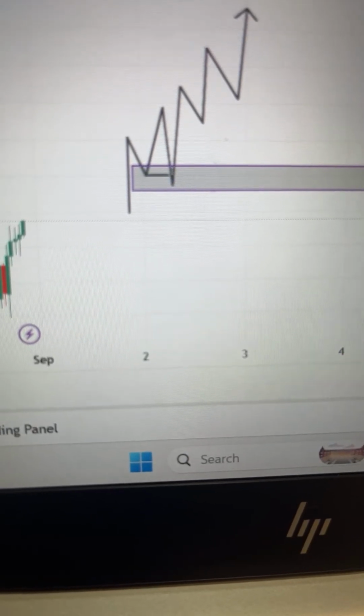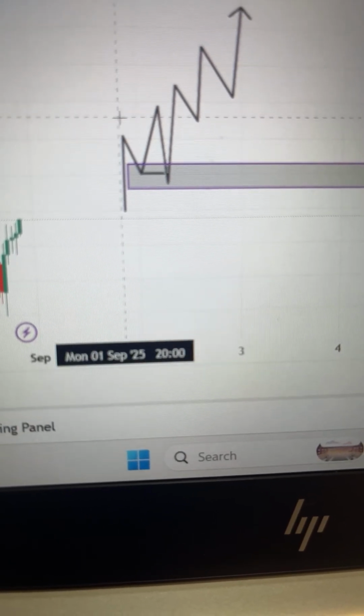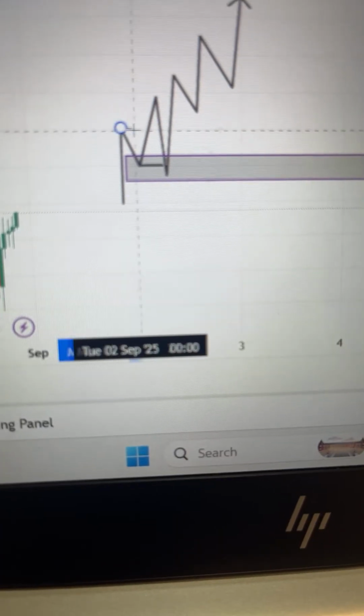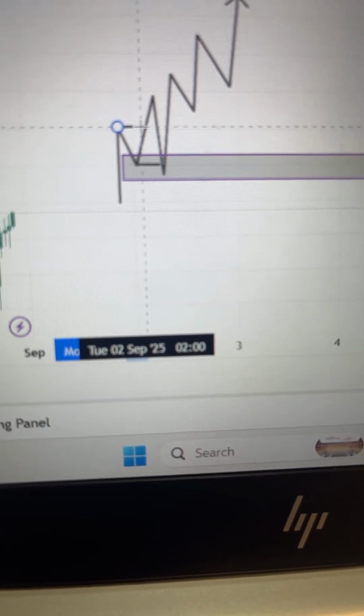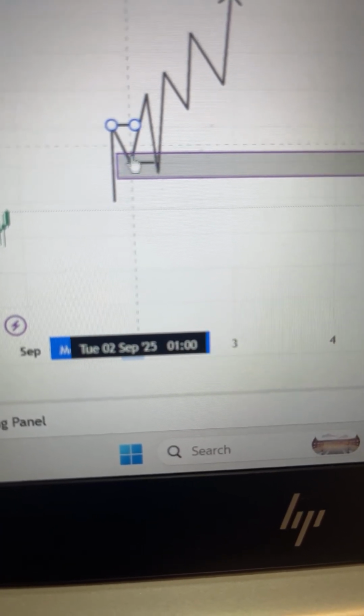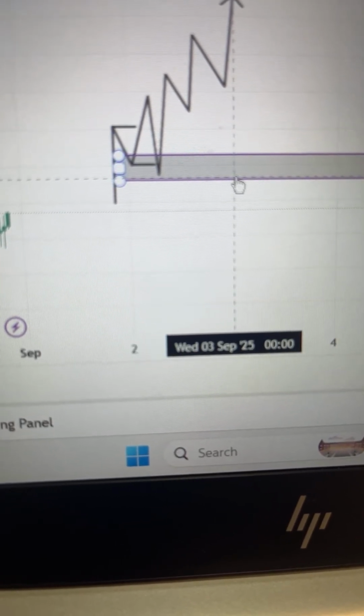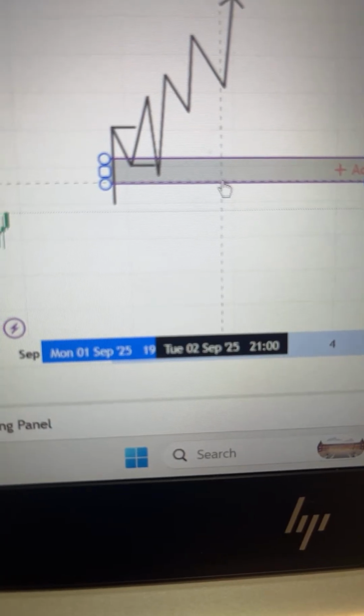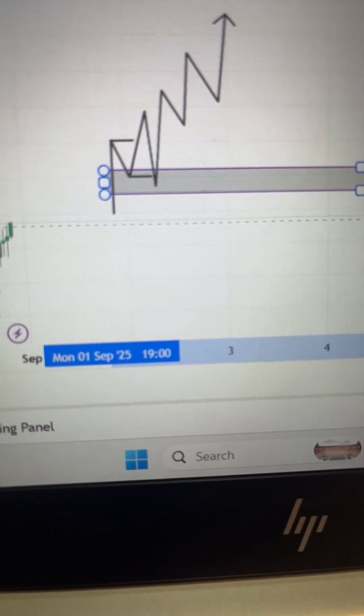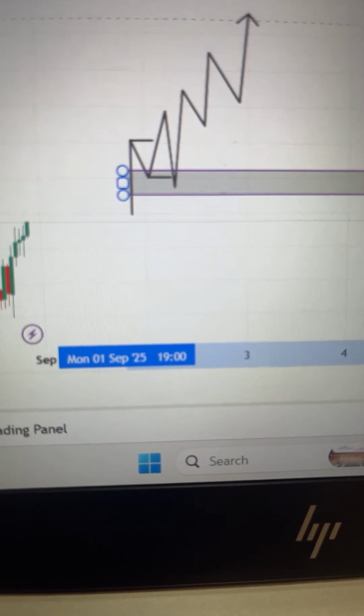And this is our break of structure, or BOS. For you to know that it's valid, it should have this. Then this is our fair value gap. If you don't see this, then you just look for the last candlestick and mark it out.